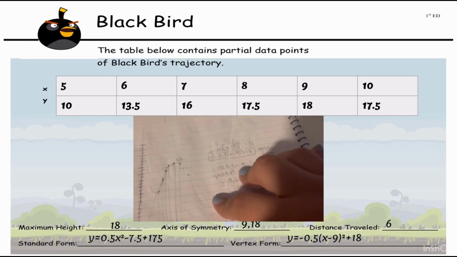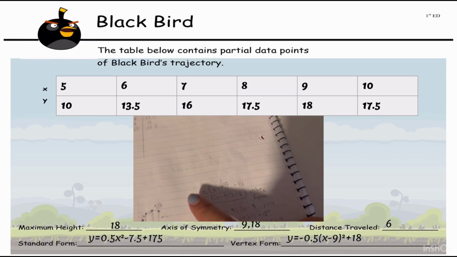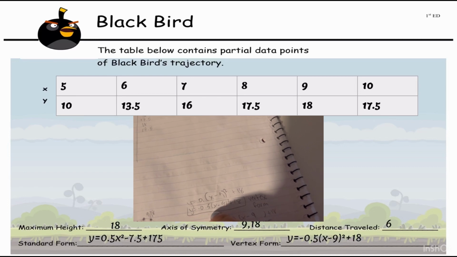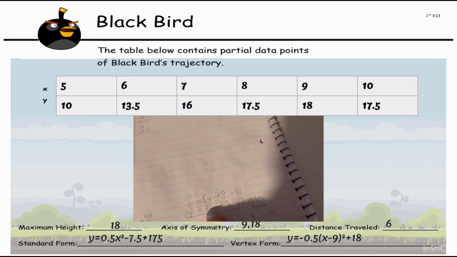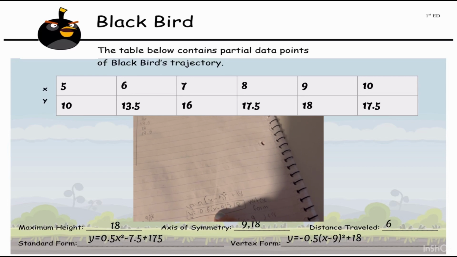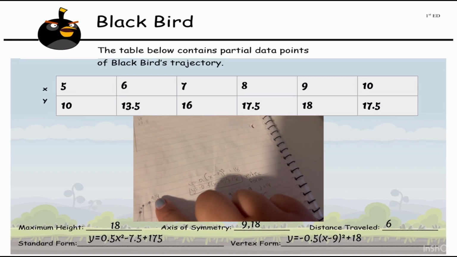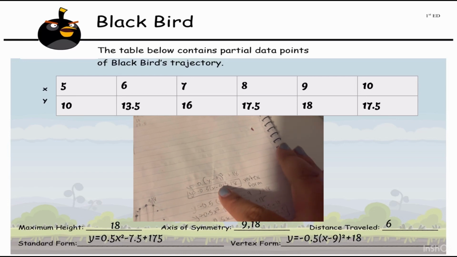And then for our vertex form, what I did was I plugged in negative 0.5 times (x minus 9) squared plus 18, since that's the only thing that gave me the (9, 18) point.